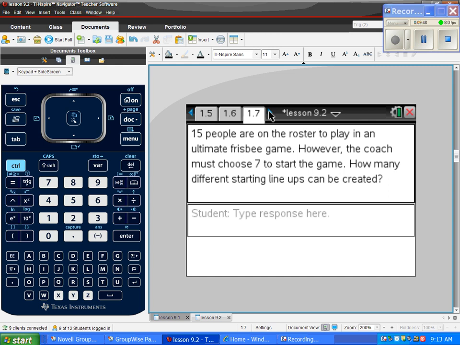So you'll see the difference in this example now. Let's say I have 15 people on my team, and I need to pick 7 to start my Frisbee game. Okay? Does order matter this time? Does it matter if you get picked first or if you get picked seventh? No, only emotionally.